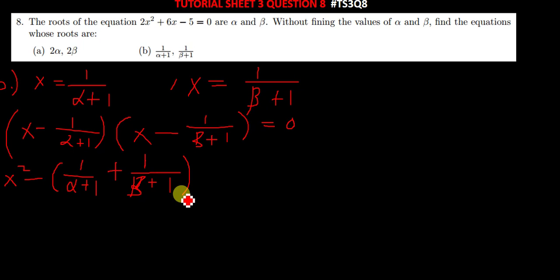So after multiplying this, you get this, and then you have a plus there, and then so this is x, by the way, this is x, then we have a plus there, and then you are going to have something like this, 1 over alpha beta plus, you're going to have alpha plus beta then plus 1.